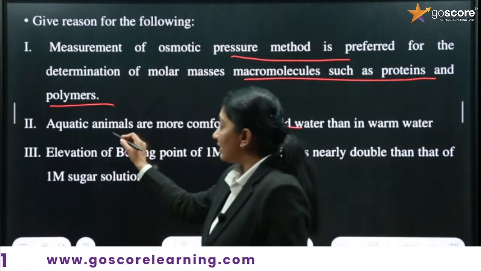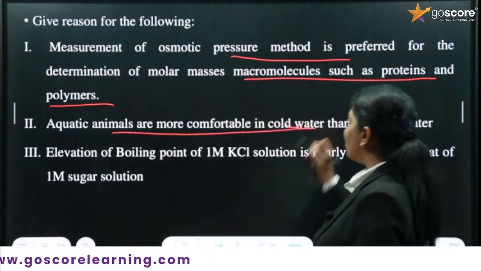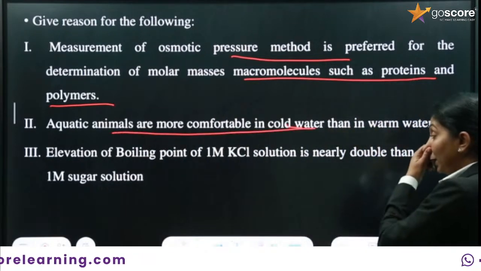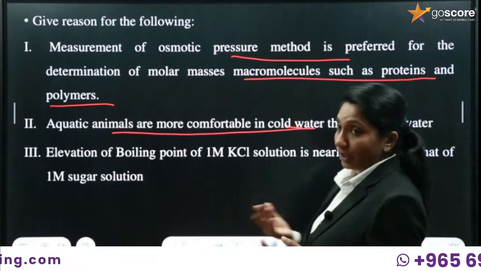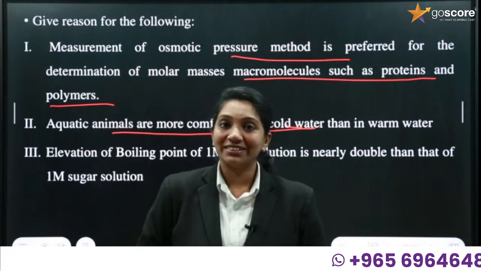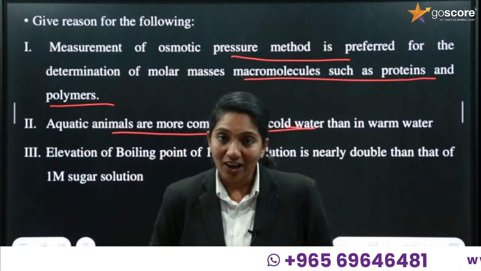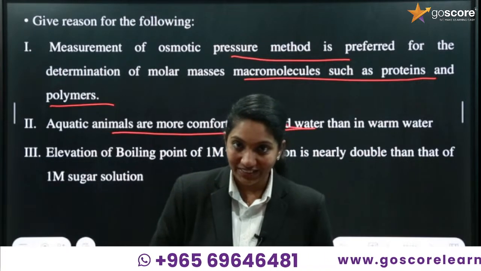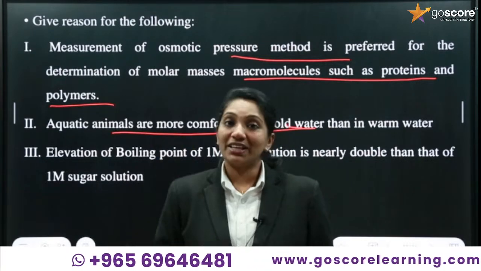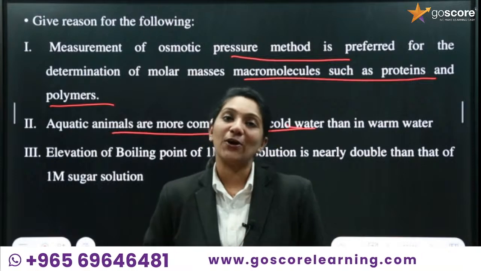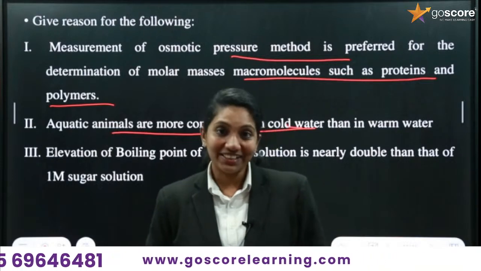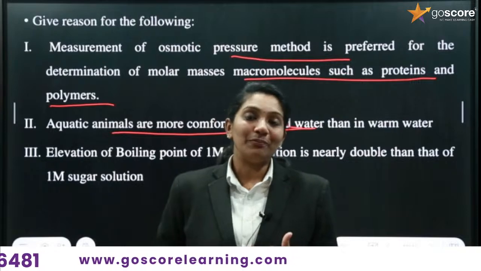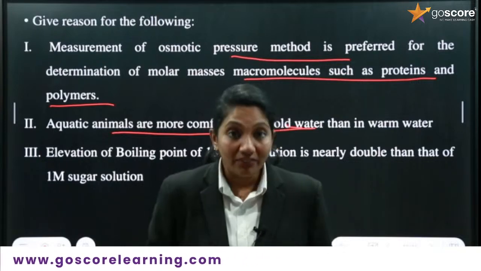Now, the second question is, aquatic animals are more comfortable in cold water than in warm water. What may be the reason? What you learned: the solubility of gas is more at lower temperature, right? As the temperature increases, the solubility of gas decreases, isn't it? So, in cold water, there will be more dissolved oxygen.